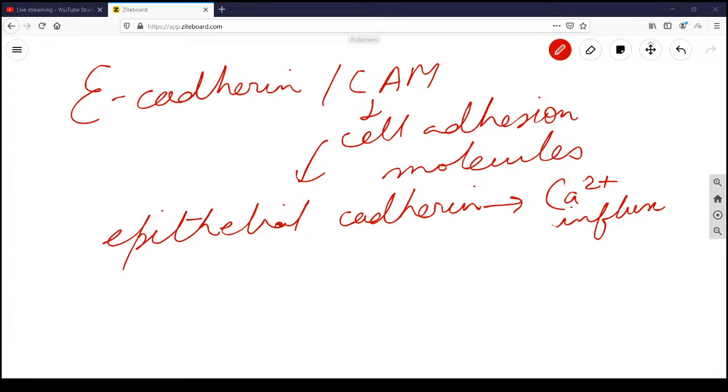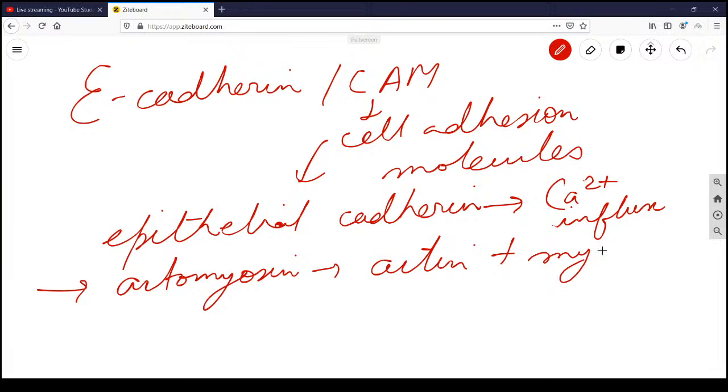When we talk about actomyosin, it is nothing but a complex of actin and myosin, of which the contractile protein microfilaments are composed. So if you have studied microfilaments, you'll be knowing this actomyosin that I am talking about. Actomyosin is nothing but actin plus myosin.